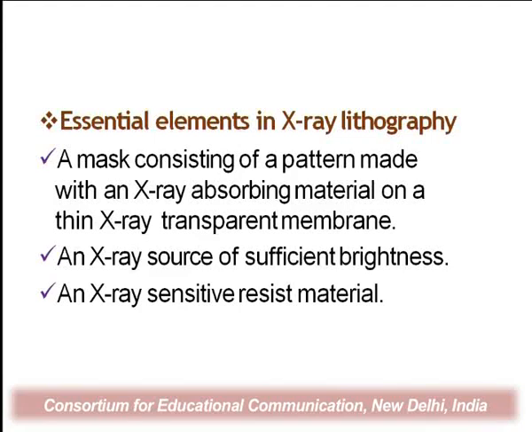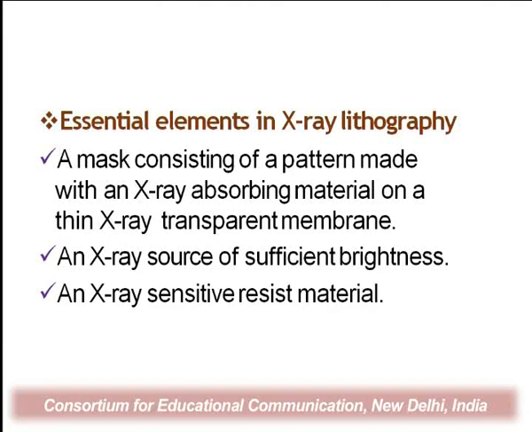What are the essential elements in X-ray lithography? Like photolithography, where we use UV light, in X-ray lithography we use X-rays. A mask is required, which consists of a pattern made with an X-ray absorbing material on a thin X-ray transparent membrane.